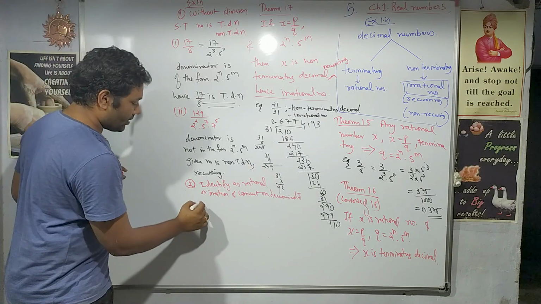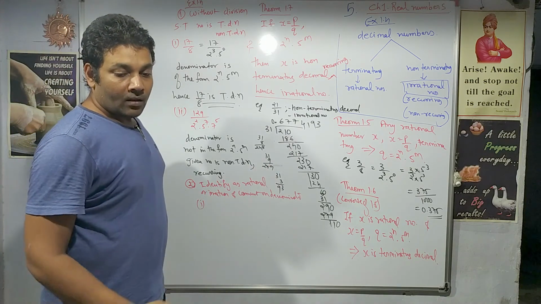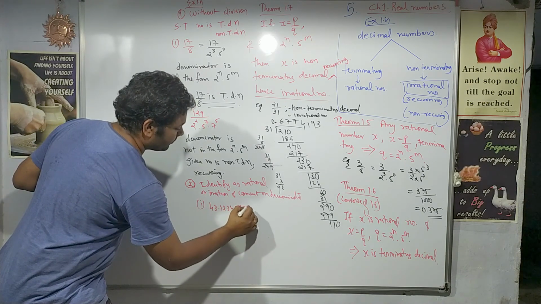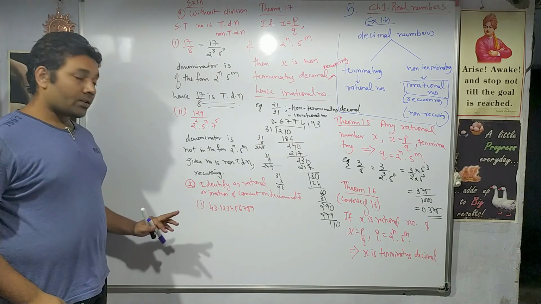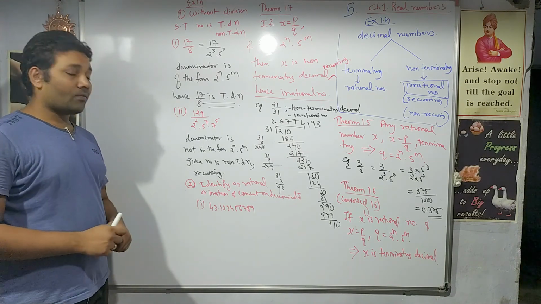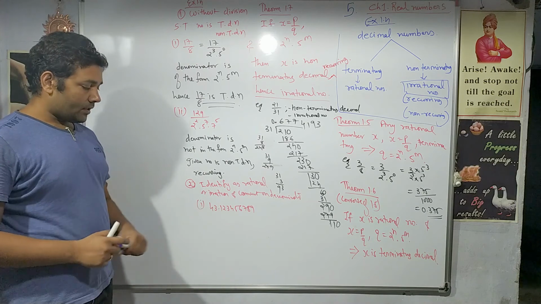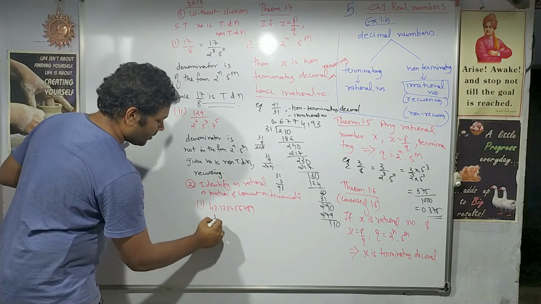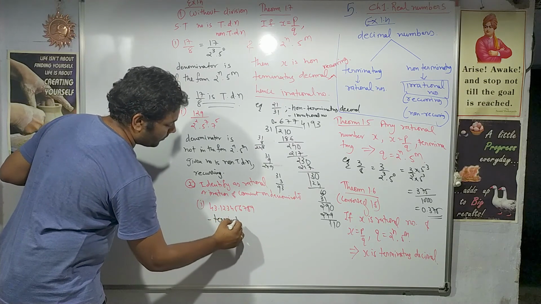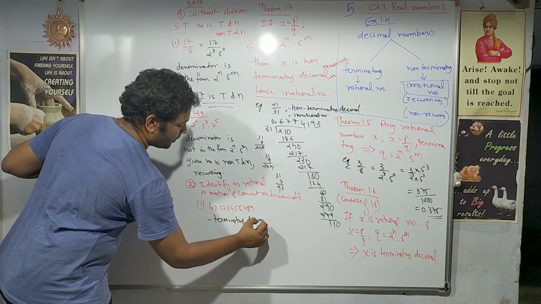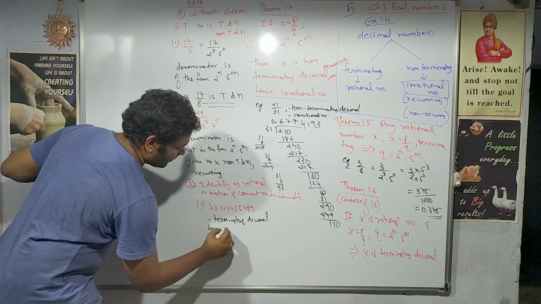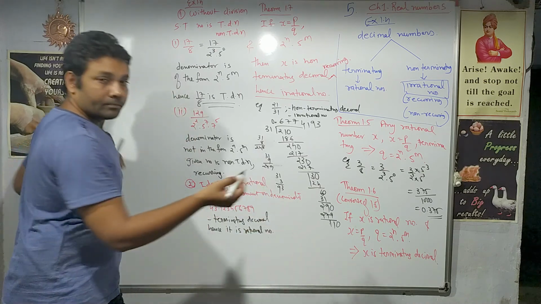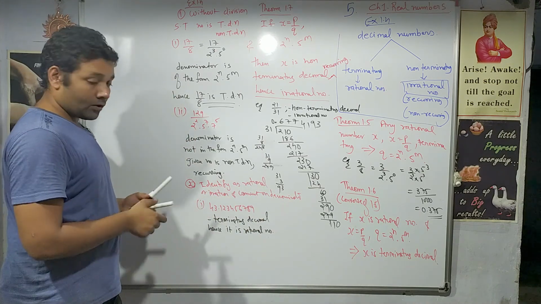So the first question in this category we have is 43.123456789. Now obviously here we can see it is terminating in nature, right? So it is a terminating decimal, right? Hence it is a rational number. Simple, right? If it is terminating, it is a rational number.